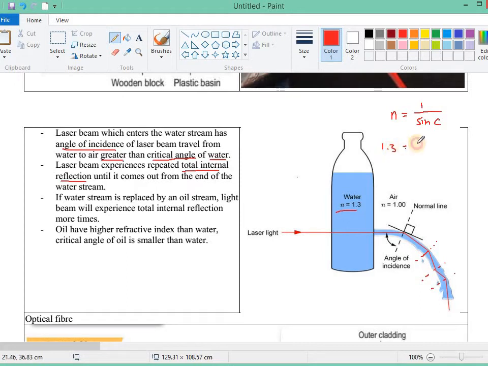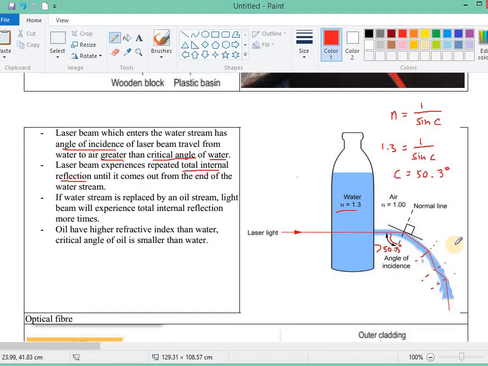With 1.3, the critical angle of water is 50.3 degrees. So that means if this angle is larger than 50.3 degrees, then it will be able to have total internal reflection.